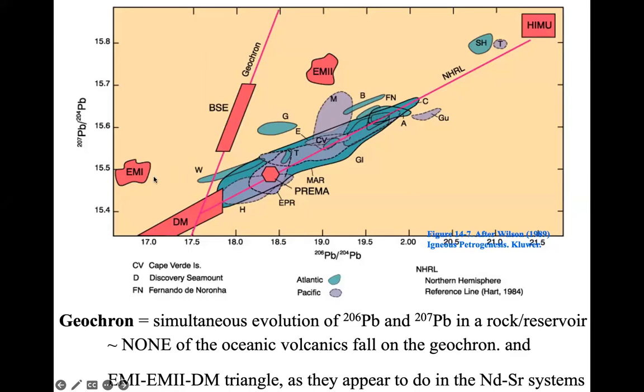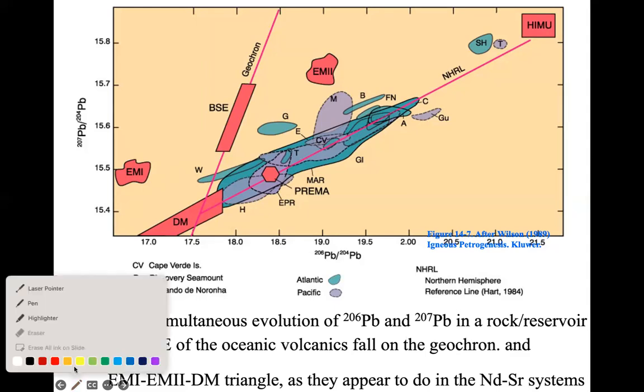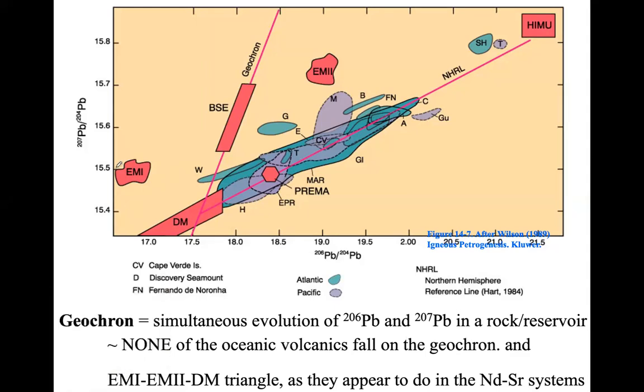In lead isotopes also you can have similar diagrams for end member compositions. So you see here, this is a lead isotope diagram showing the end member composition. So EM1 and EM2 come here, and depleted mantle here, prevalent mantle here, and high mu is here.